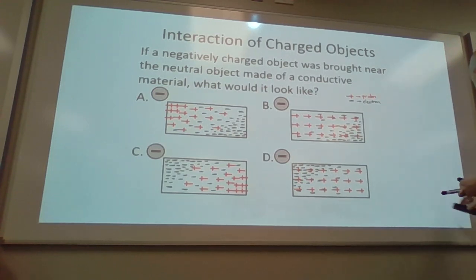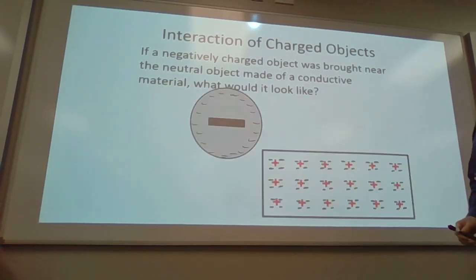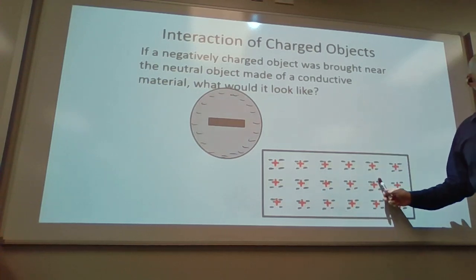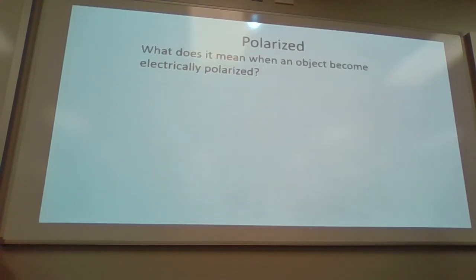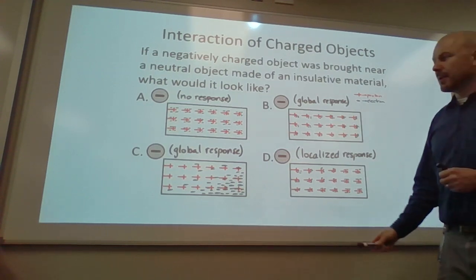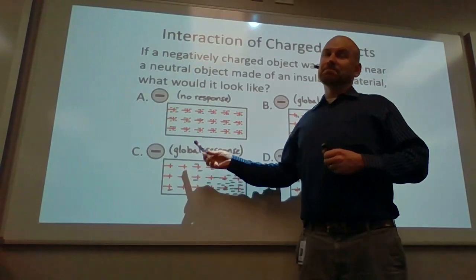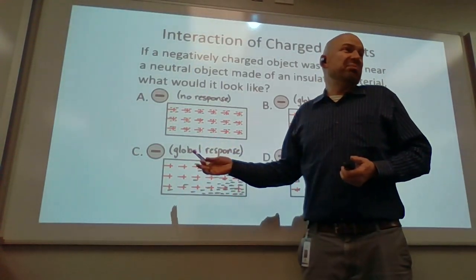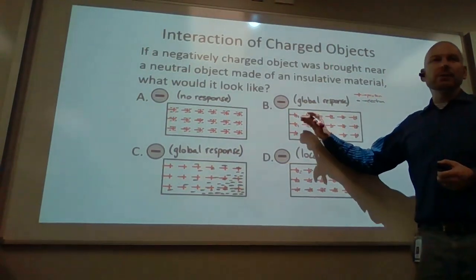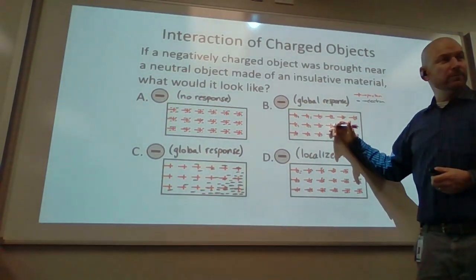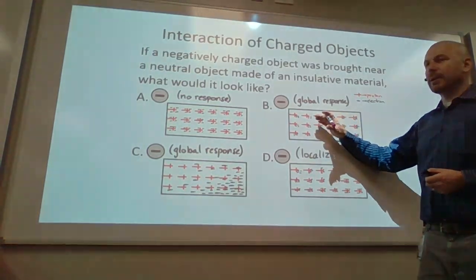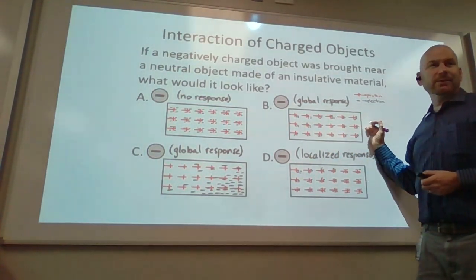What happens if we do the same experiment but with an insulator? How does that respond in an insulator? Here are your options. A, no response, just like whatever. B, the electrons run to the far side of the molecule, and that happens throughout the entire slab or block of plastic.